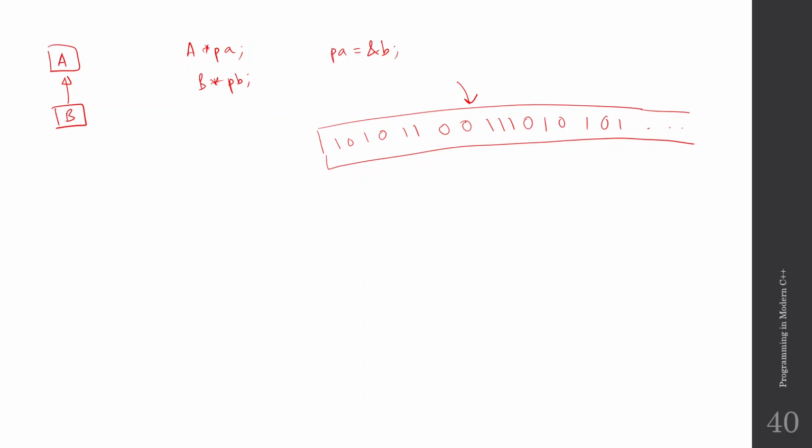Let us say we have an integer pointer. Starting from this address, we take 4 bytes, and this is interpreted as an integer. These 4 bytes are converted to an integer, and you get, let us say, 7.